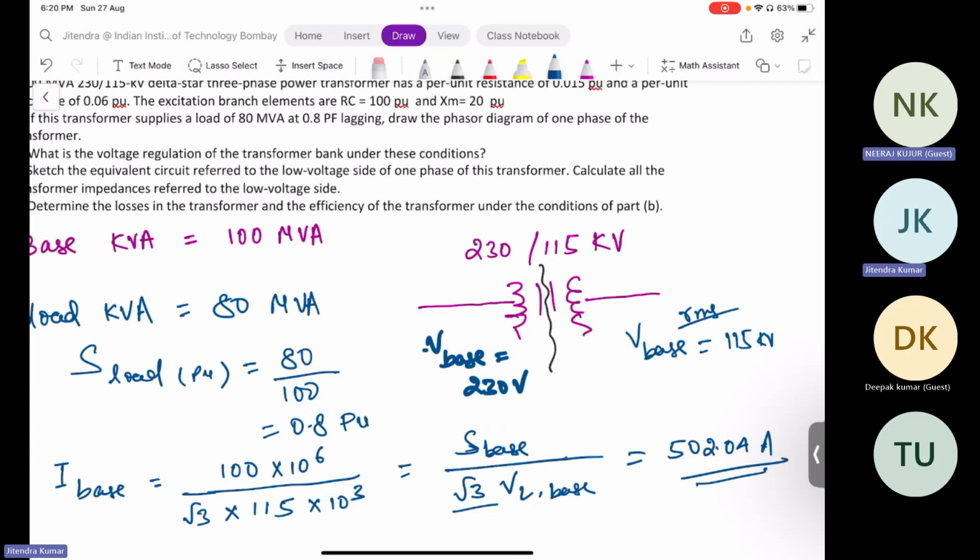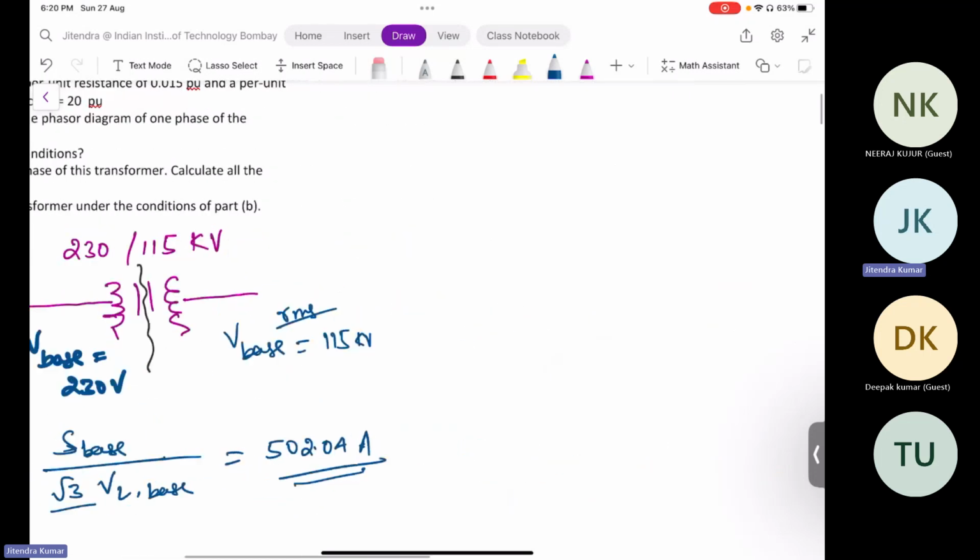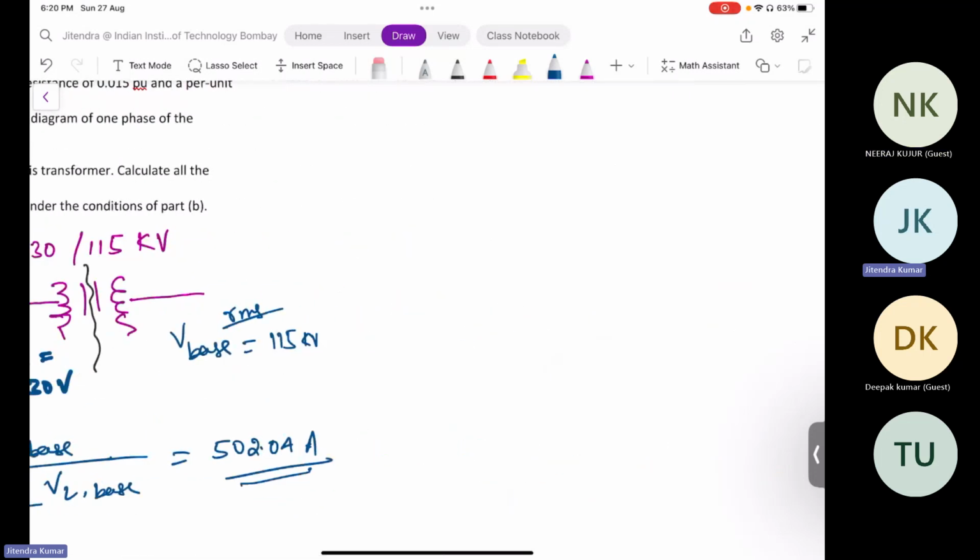Now we have to find out the load current in per unit. First we will compute the actual value, IL actual.